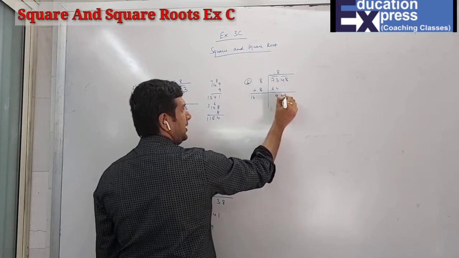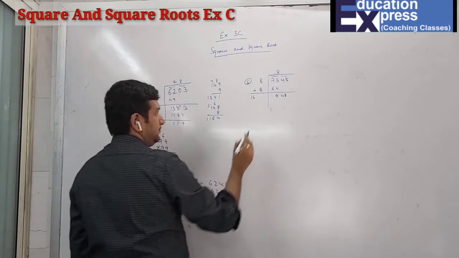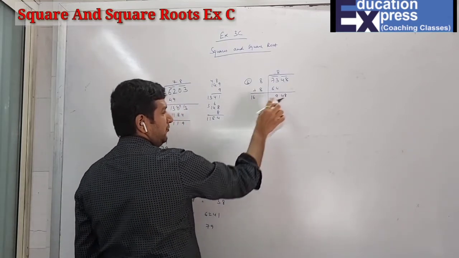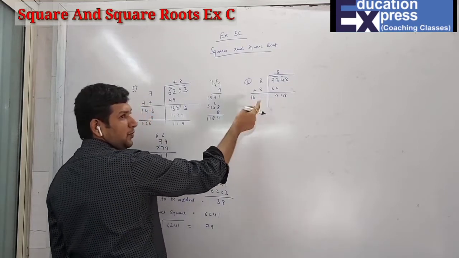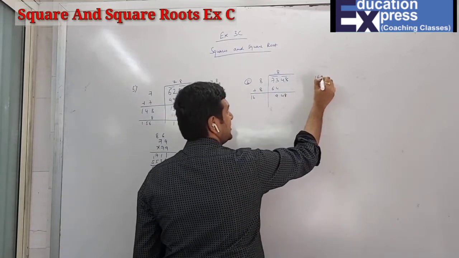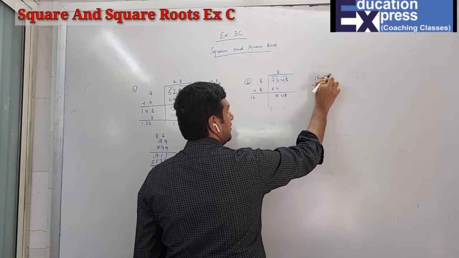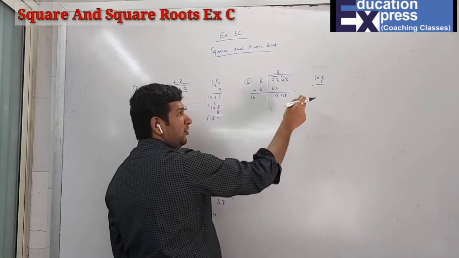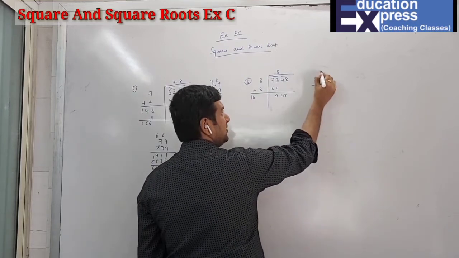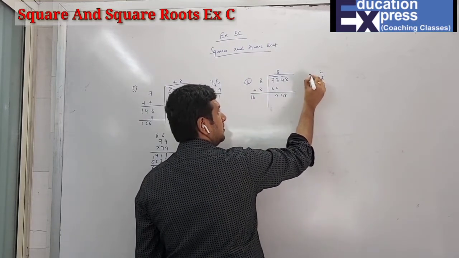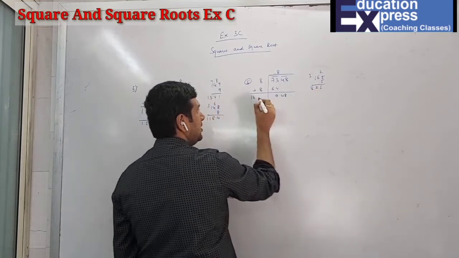And then 4 and 8. Now 16 5s is 80, 16 6s is 96. So obviously 6 is not possible, 16 5s are. So 5. Obviously when I take 5, you have to take 5's square. 5 5s are 25, and the answer is 38.